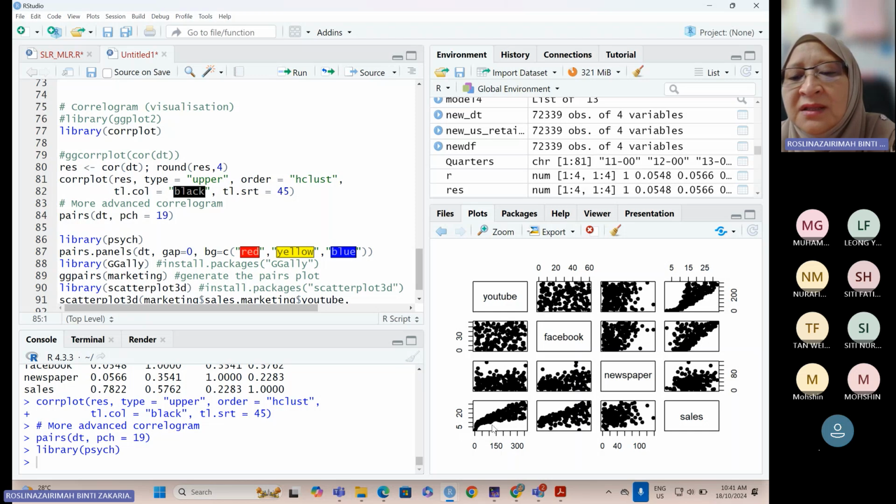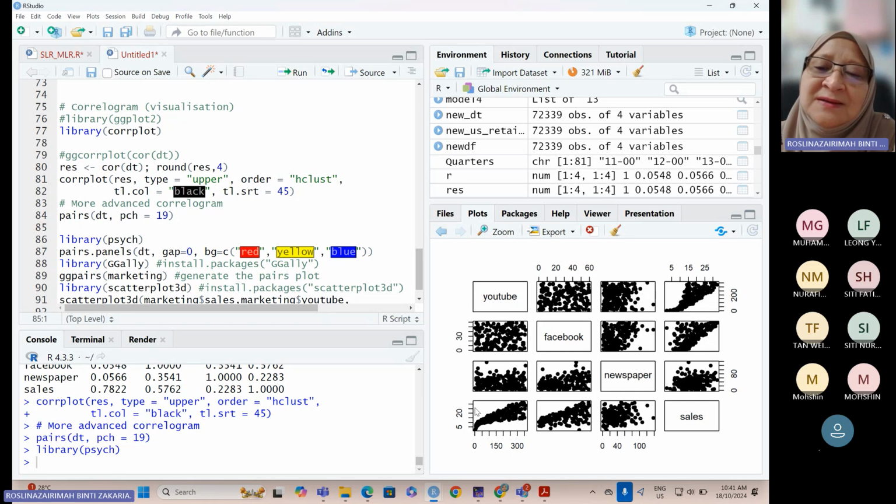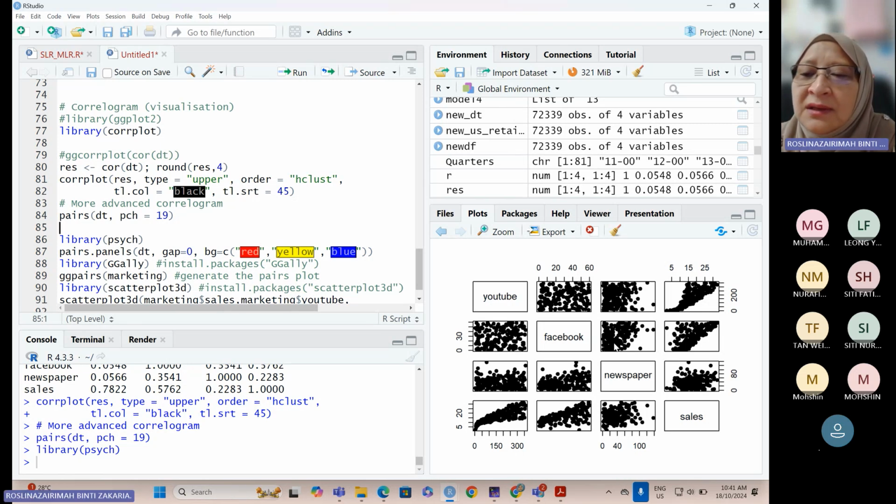When we spend more money on YouTube advertisement, the sale is increasing. You can see the trend. But YouTube and Facebook, there is no specific trend in the data. Messy. Facebook and newspaper, looks like there is a trend but not clear. So not good. And so on.